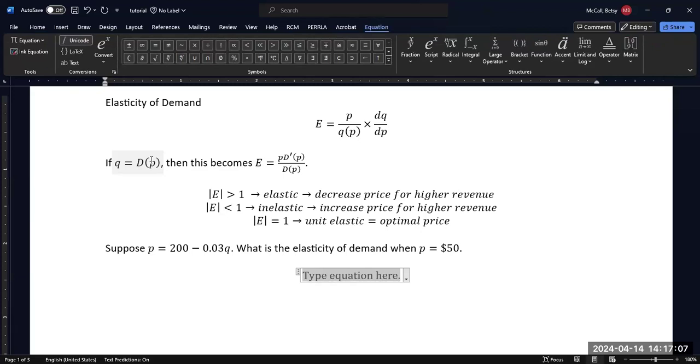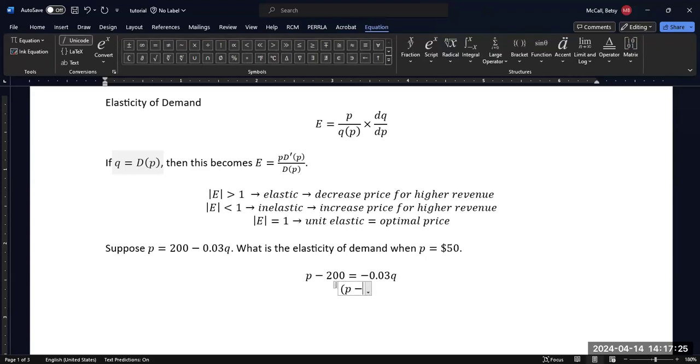So in this case, I'm going to move the 200 over to the other side. So P minus 200 is equal to negative 0.03 Q. And then I'm going to divide everything by negative 0.03.